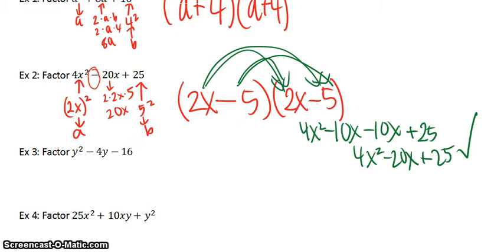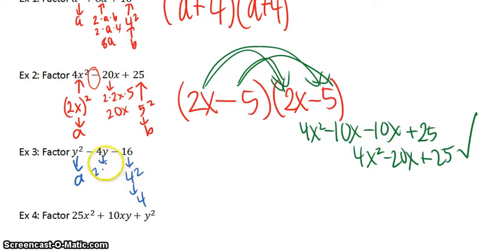Okay, so our next one. Our a in this case is going to be just y, right? Because it's already squared. And 16, 4 is being squared. So it's 4 squared, so our b will be 4. So let's check. Okay, so we have 2 times a. What is our a in this case?